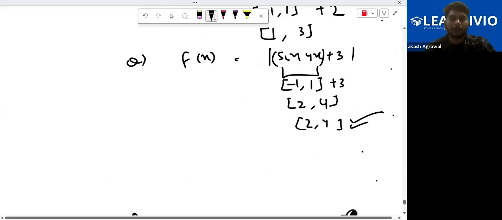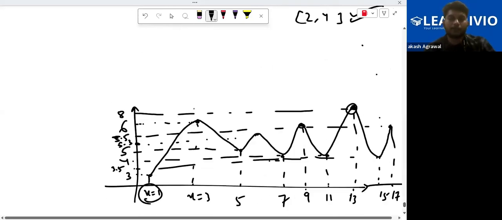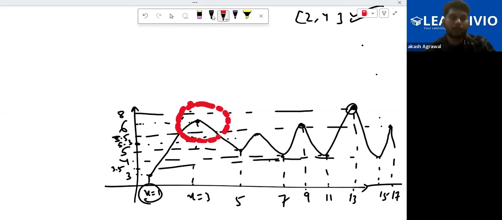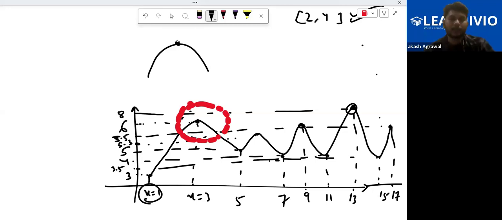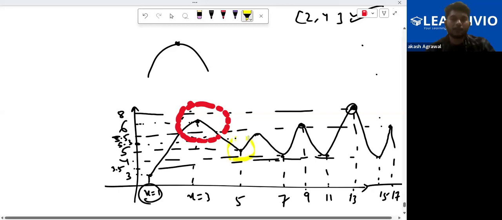But if you look at this small point, this one, this is also a maximum point in its neighborhood. Yes or no? If you only draw this much graph, then this point is a maximum value. Yes or no, everyone? Yes, sir. Same way, if you plot this much, this is a local minima.